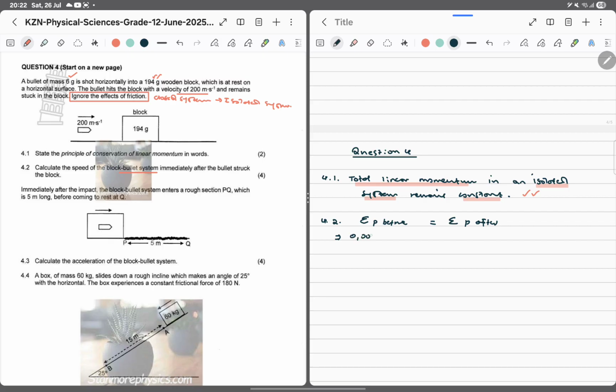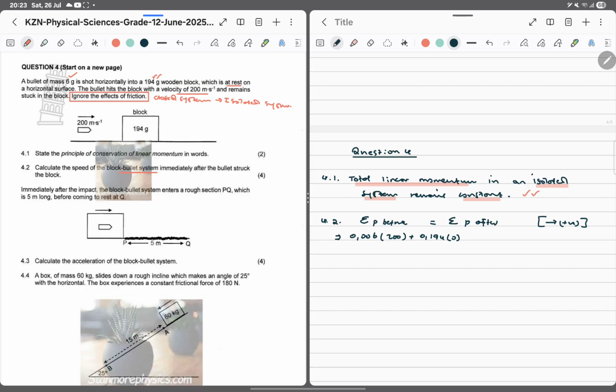So this is 0,006 into, of course, we can choose to the right as positive, and then this is going to be 200 plus, the block is 194, so this is 0,194 into 0. It was stationary, right? Right, because we're saying it is at rest.